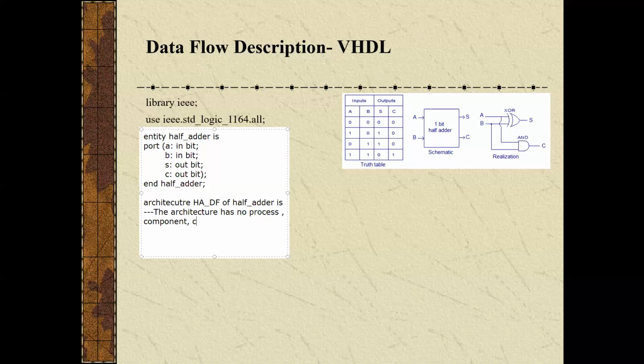And this CMOS we have used in switch level description. So we are not using these terms here. And also we are not using any term like if, or any transaction terms, here.